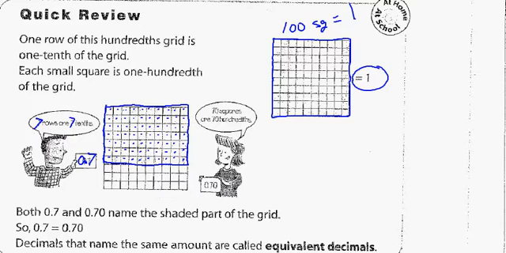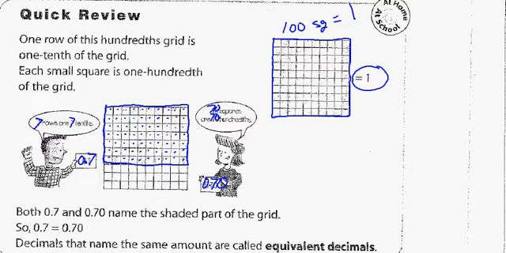Okay, and the lady on the right hand side is saying 70 squares are 70 hundredths, and she's holding up another sign that says 0.70.